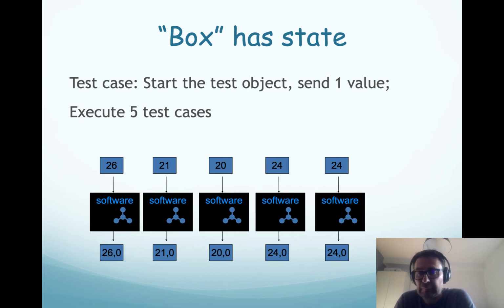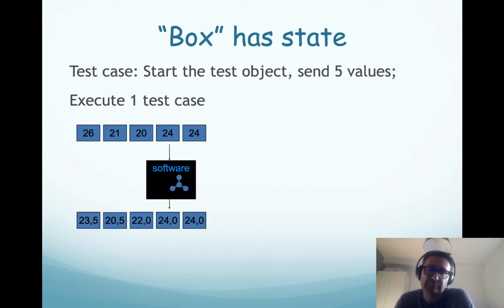So it's just giving back as output what it got as input. But it can be like this for many other functions, that it basically doesn't have any state, but when it has a state, then you have to take that into consideration.